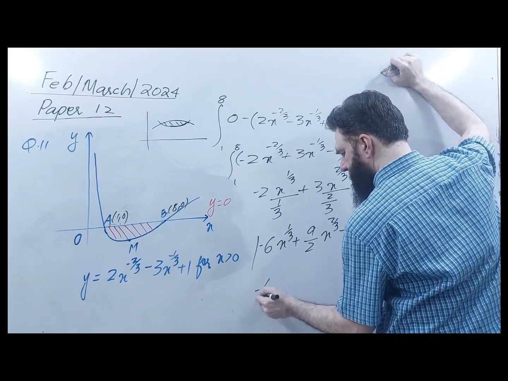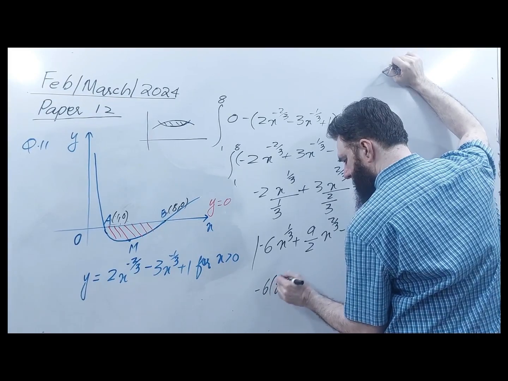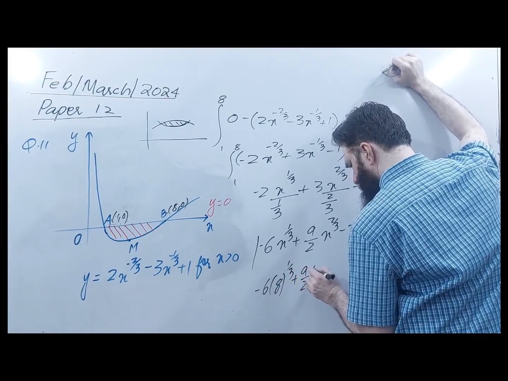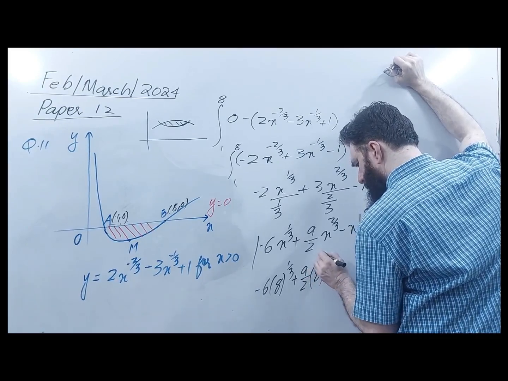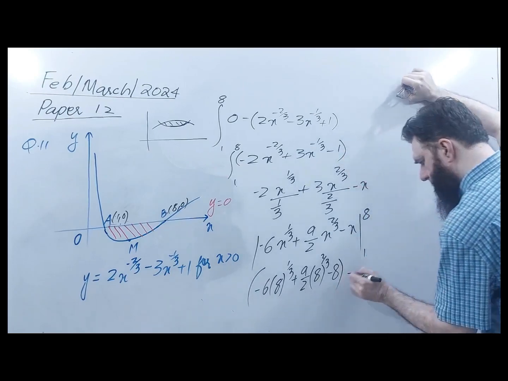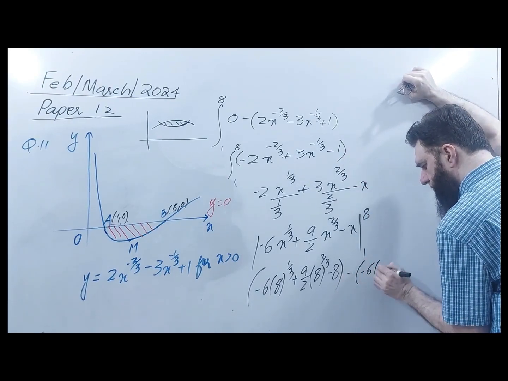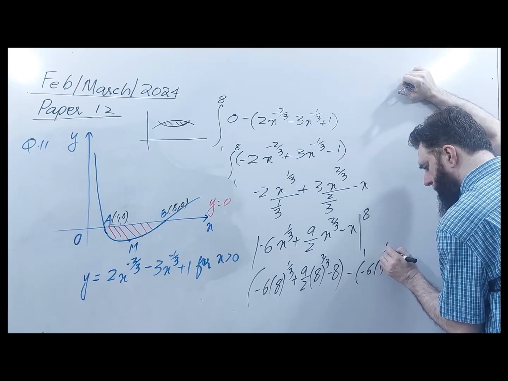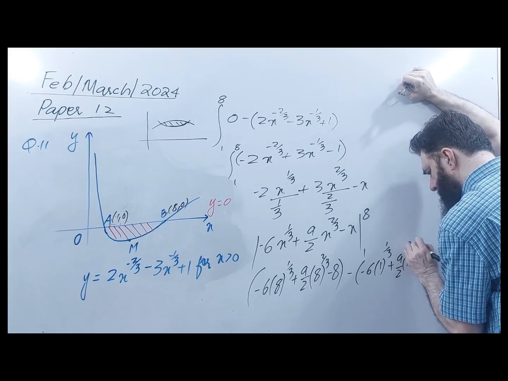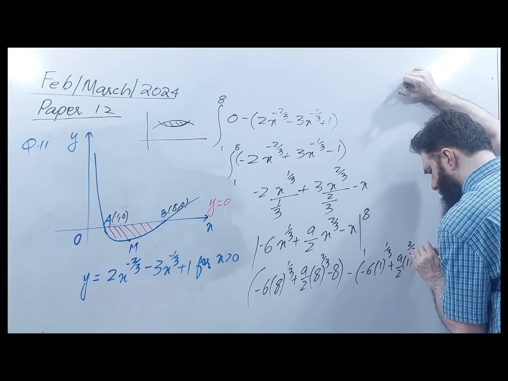This becomes minus 6, 8 power 1 by 3 plus 9 by 2, 8 power 2 by 3 minus 8. And you subtract from it, you put the limit 1: minus 6, 1 power 1 by 3 plus 9 by 2, 1 power 2 by 3 and minus 1.